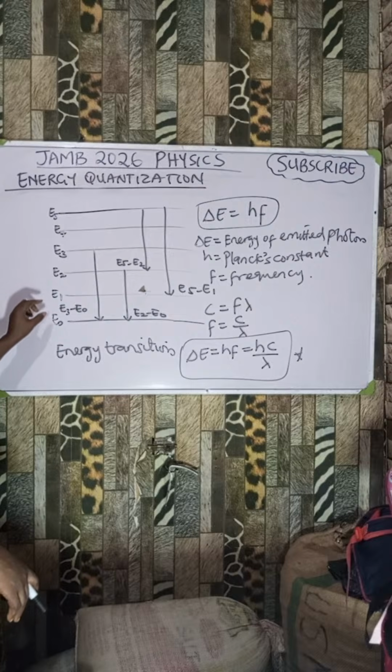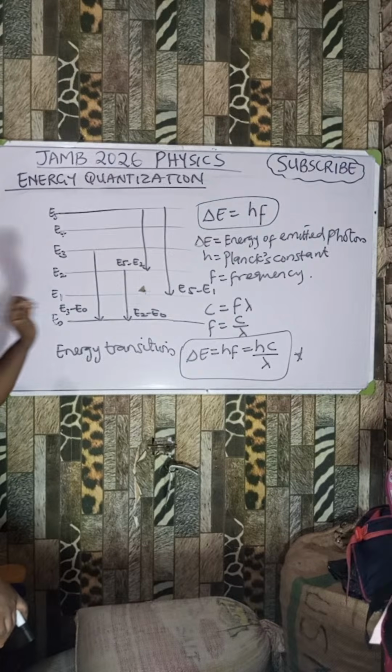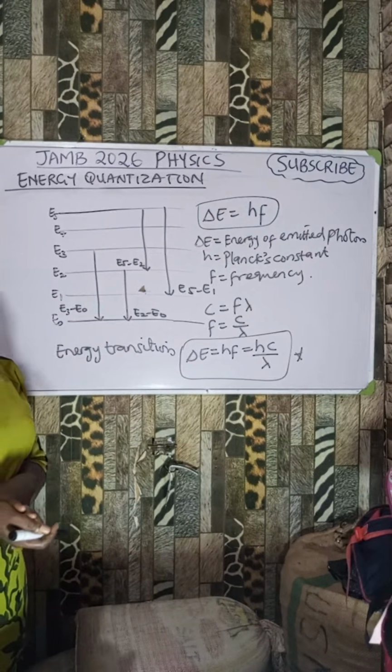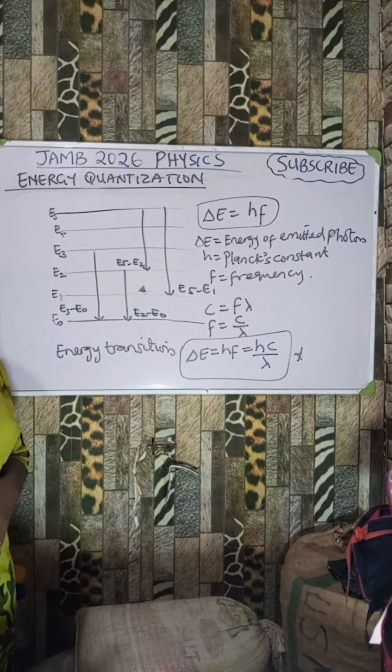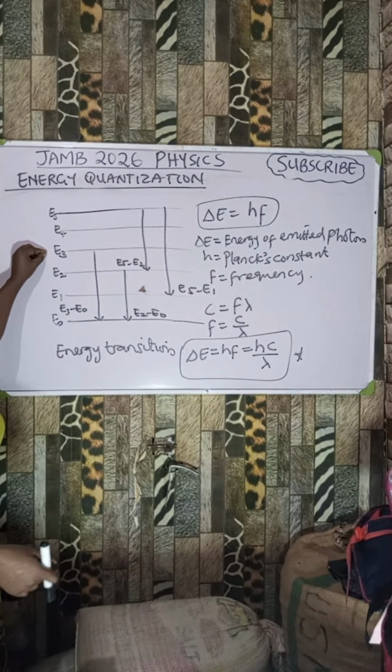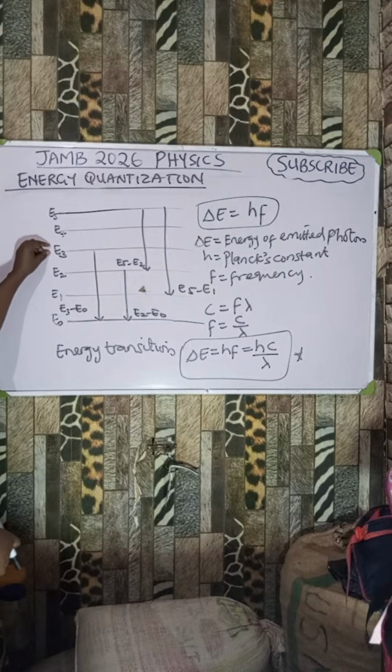This one jumps from energy level 0 to energy level 3, okay? While this one jumps from energy level 0 to energy level 2. They keep jumping. But most important is this. It was coming from a higher energy level, right? So now, because this is an excited state, they are not stable.